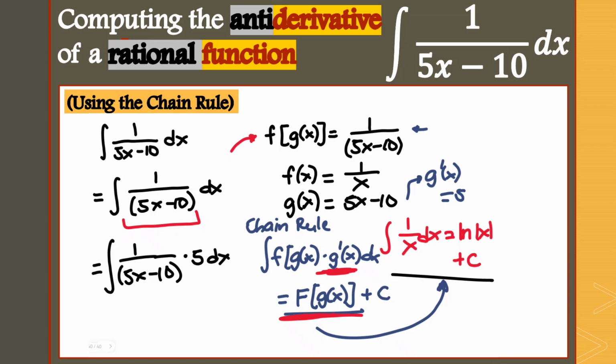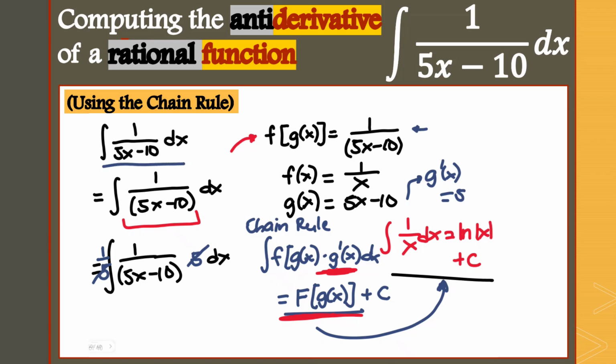But take note that once we apply 5 here, we are now changing the expression. We need to make sure to neutralize that by having here, let me change the color of this 5 so that you will be able to appreciate what I'm going to do here. As I included 5 that will describe g prime of x, we need to multiply here 1 over 5. So that can just be cancelled, meaning we are just returning to the given.